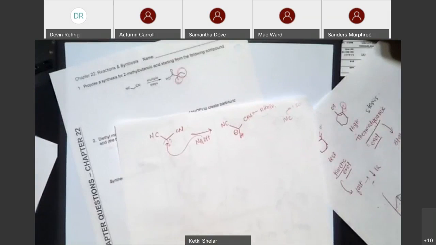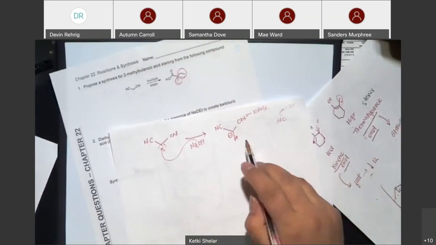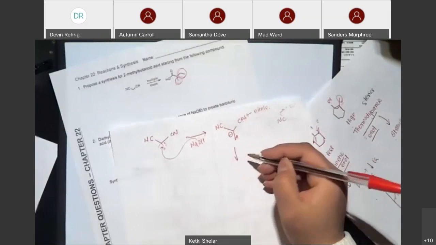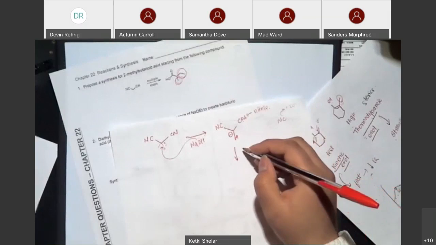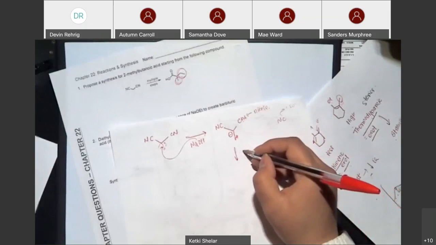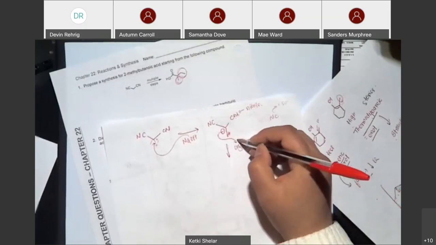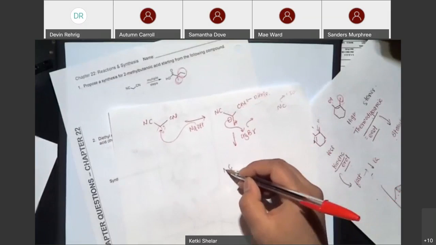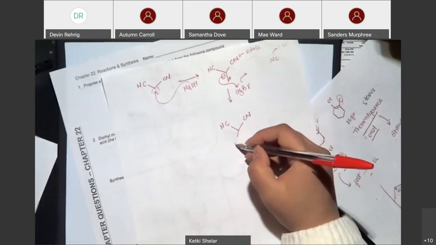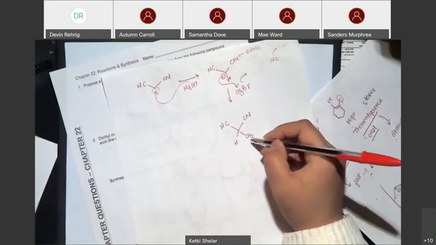So when you have this, you will do addition of this methyl group, which is from methyl bromide. This will go here, this will go here. It will form one hydrogen, one CH.